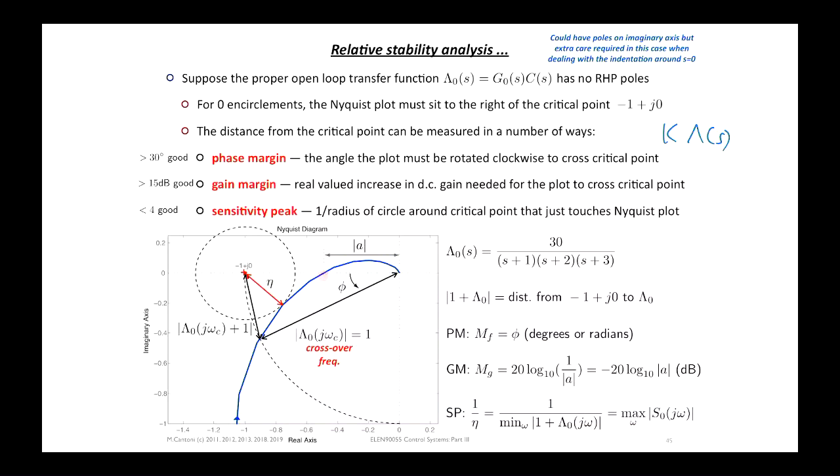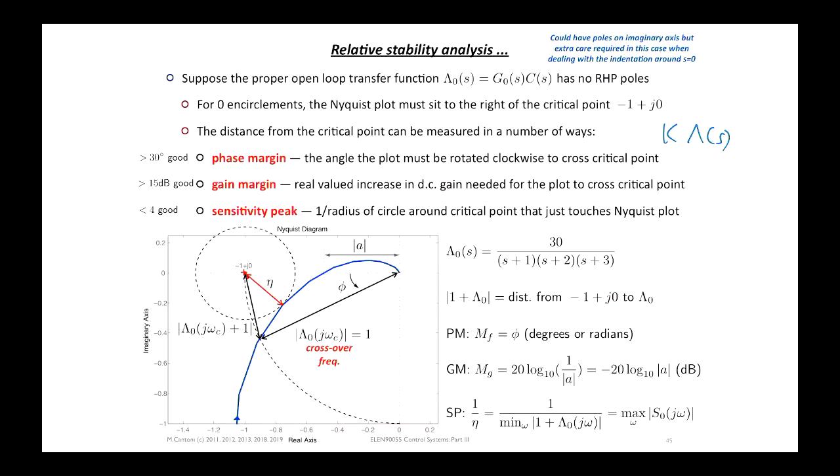And if we then say, well, how much can I scale it up by before I end up on top of the critical point? That's a measure of how close you are. How much do I have to scale this up by? Well, it's 1 divided by the magnitude of lambda, where lambda has a phase of minus pi. Right, so it's a gain margin.